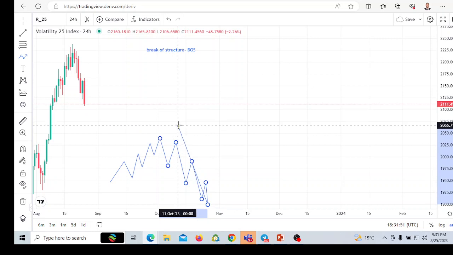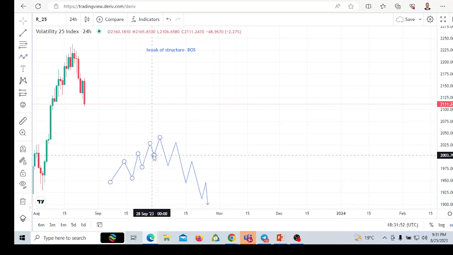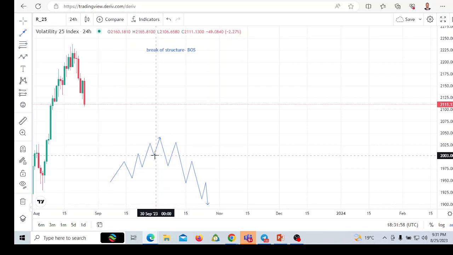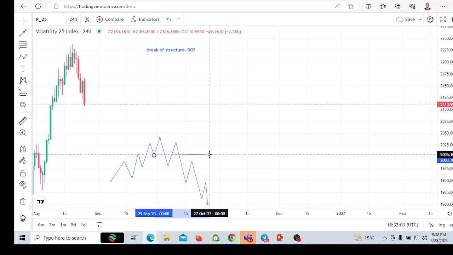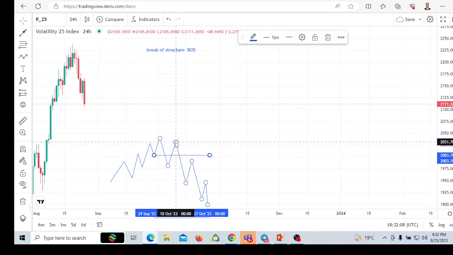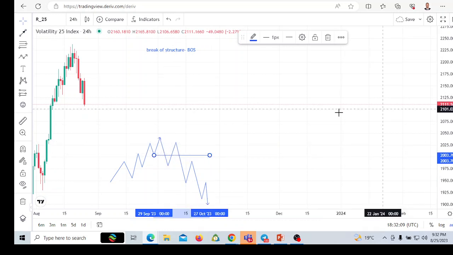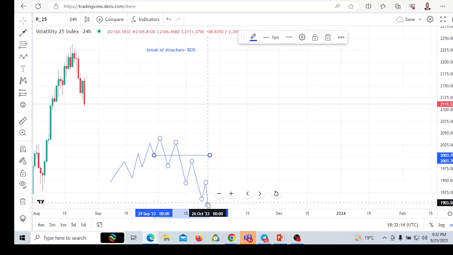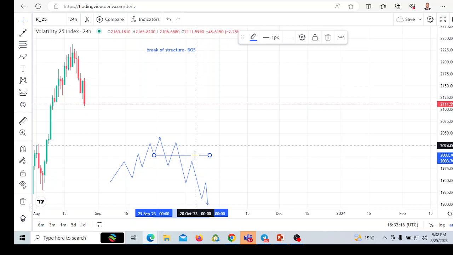So price was initially buying, but now there is a break of structure. Price changed from a buy to a sell here. Then it came back and then it began going down. So this is one of the break of structure. And this can also happen in an upward market.